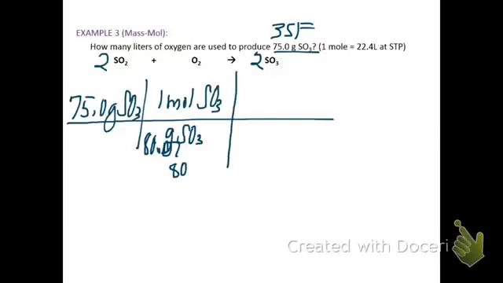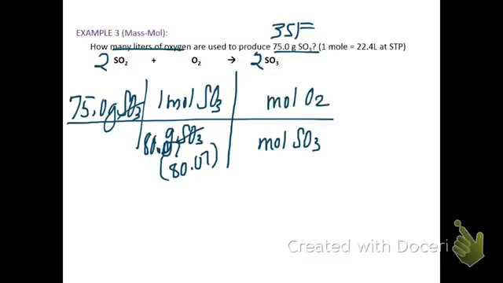I don't know if you can see that very well. Now that I have gotten rid of grams, I'm in moles, so I can use my mole ratio. So I need to get rid of moles of sulfur trioxide, so it's going to go on the bottom. And I'm trying to get to oxygen, so I'm going to do moles of oxygen on the top.